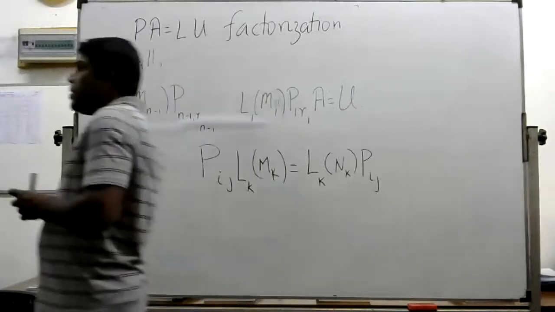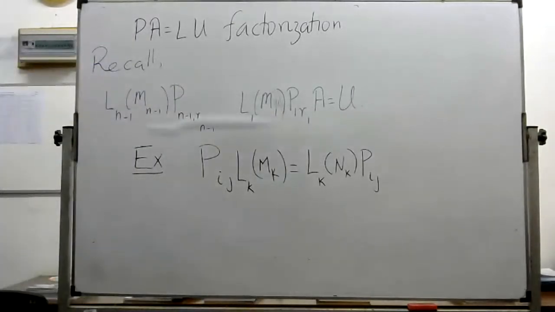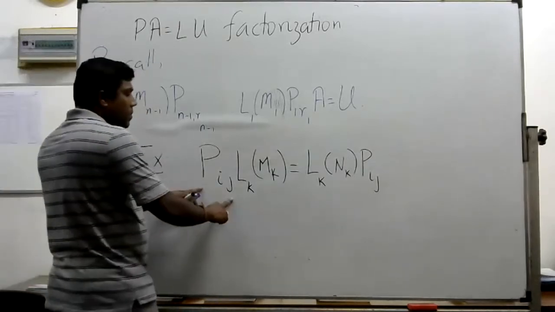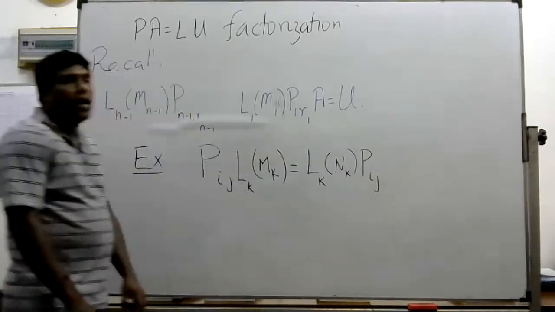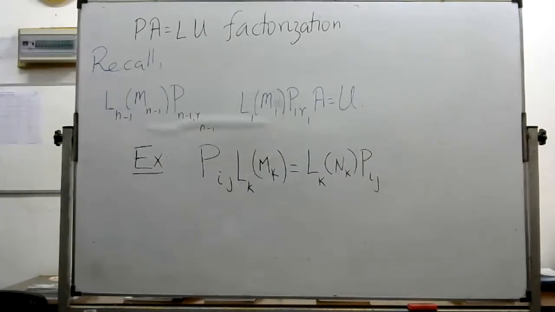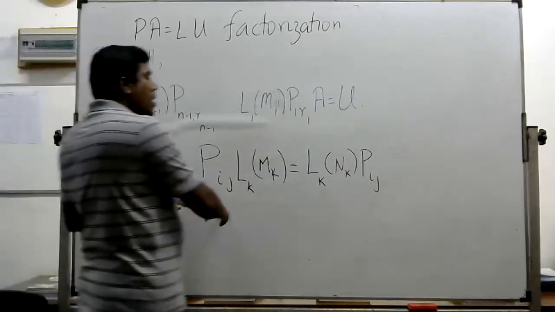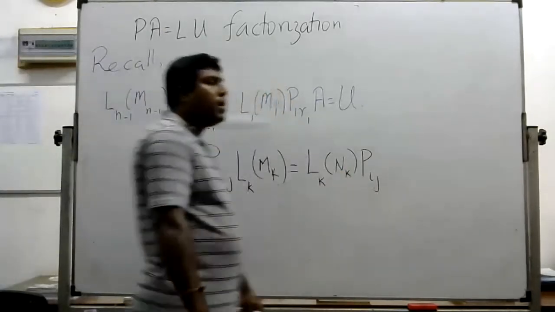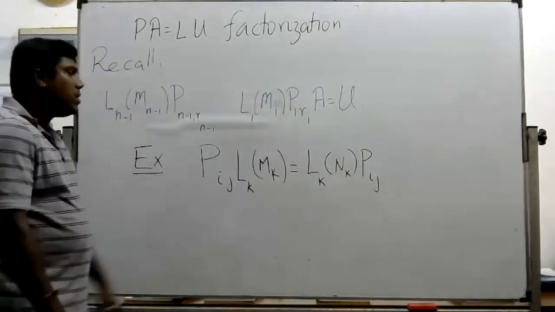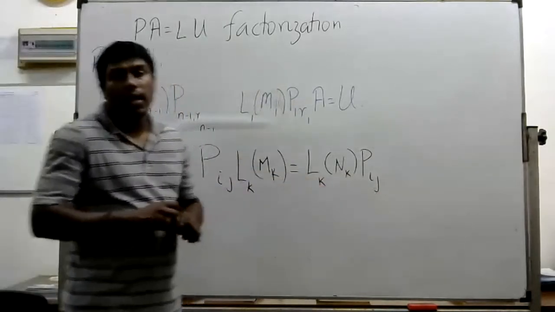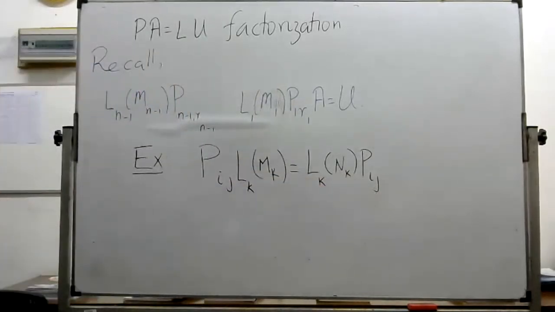Right, so as an exercise, I'm going to ask you to see whether Pij times Lk Mk is equal to something else. So this is an elementary permutation matrix in front of an elementary lower triangular matrix, and here it is an elementary permutation matrix, and it is behind the elementary lower triangular matrix.